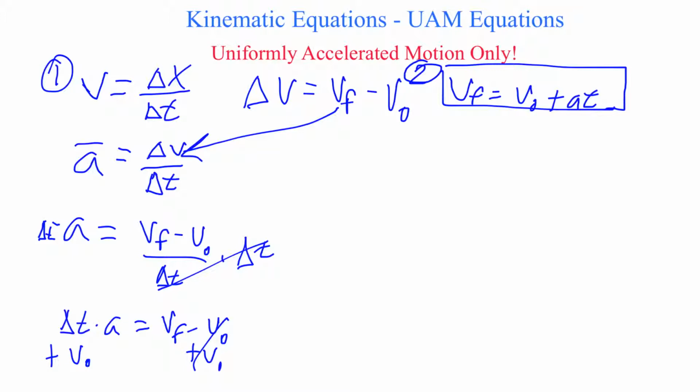Alright, let's look at our next equation. In order to do the next equation, we actually need to represent the one that we just found graphically. So we're going to look at an acceleration versus time graph. Okay, and let's say that we have some acceleration here.